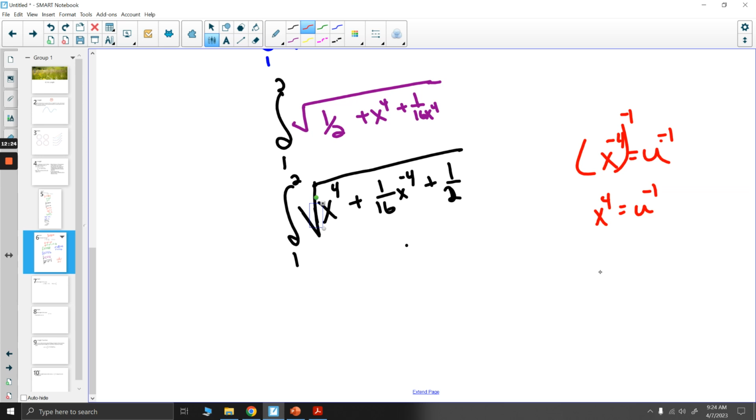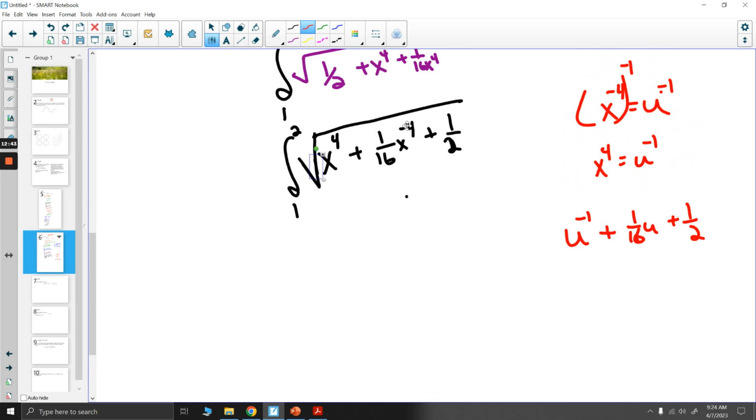So then we'd have u to the negative 1 plus 1/16 u, or just u plus 1/2, something like that. That might be slightly better. It's a little weird to write something like this as our u and then a normal as a negative. But that's obviously something we might have to do.